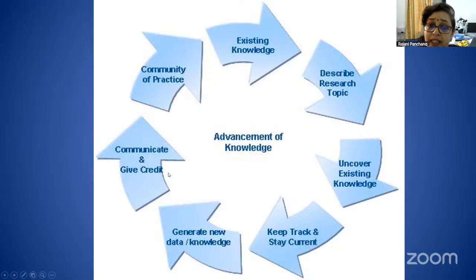And when you're doing this, create a team. All your students, your team members, they all should follow good practices of non-plagiarism and of producing your own primary data, right? So you do all that, and in this way, the knowledge is advanced.